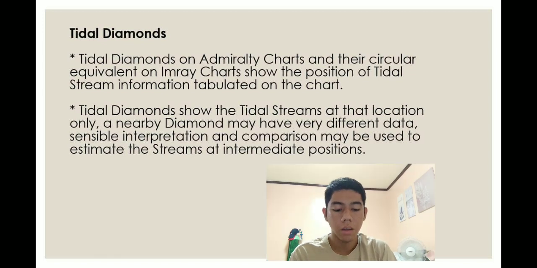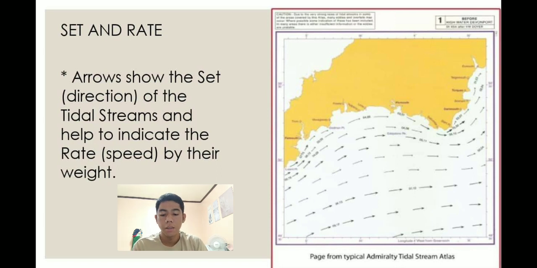Interpolation and comparison may be used to estimate the streams at an intermediate position. Set and rate. Arrows show the set direction of the tidal streams and help to indicate the rate, or speed, by their weight. So the set and rate is where the wind is heading or the strength of the speed of the wind.